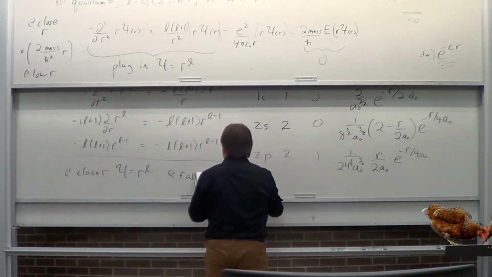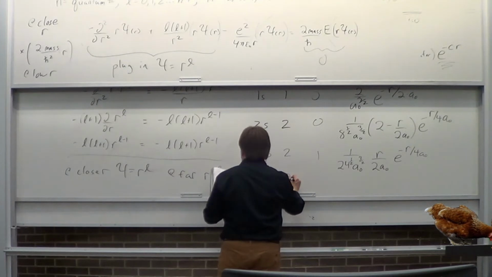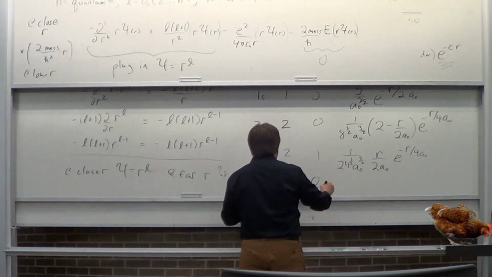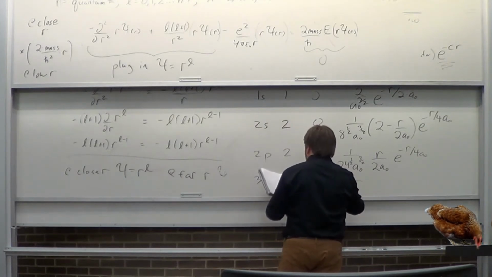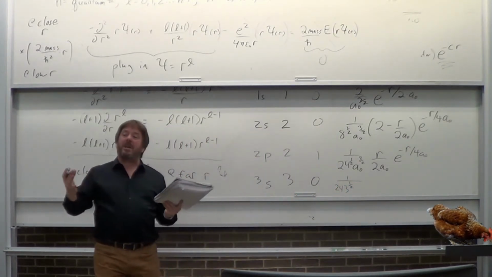Okay, that's a P. Now let's do a 3S, and then I'll draw some of them. N is 3. This is an S state, so L is 0. And as I mentioned before, these things get big really quick.